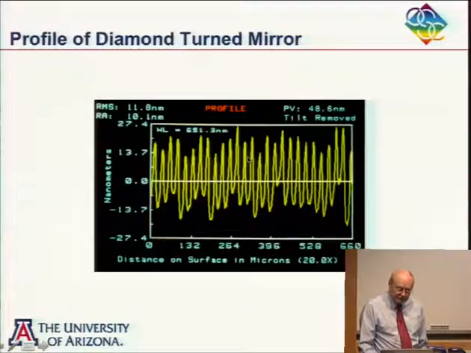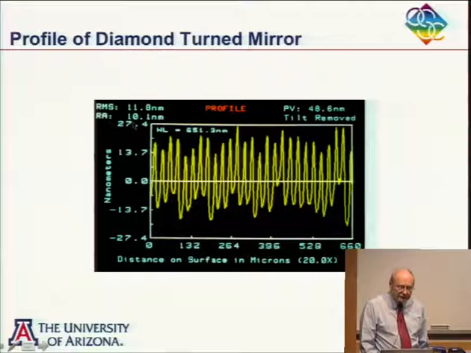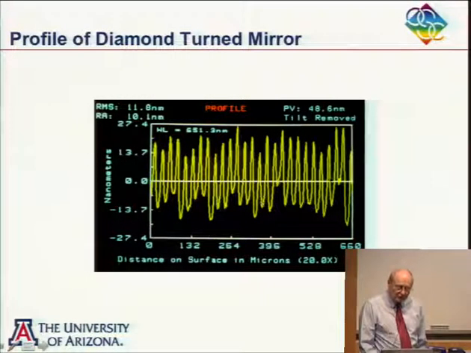So as I said, this is for a diamond turned surface, and this just looks at a scan of what the surface looked like. This had an RMS of 11.8 nanometers and a peak to valley of 48, and an Ra, average height here, of 10.1. This was a 20x objective, and for this particular system, the 20x objective gave a field of 660 microns.